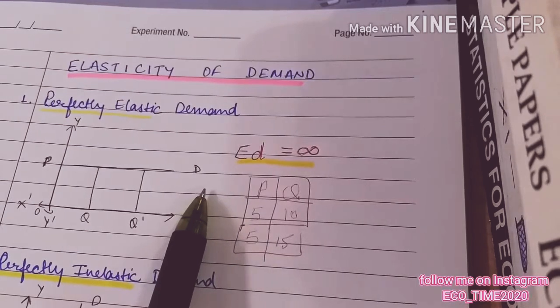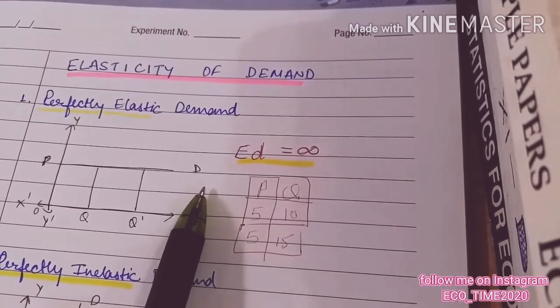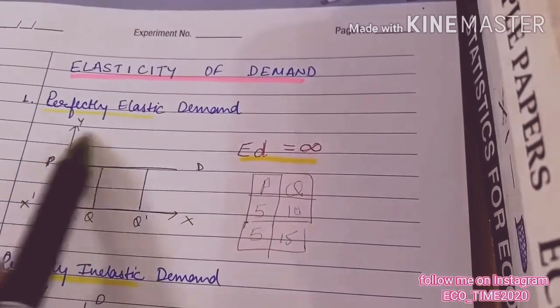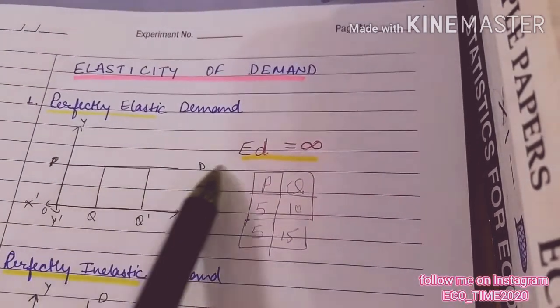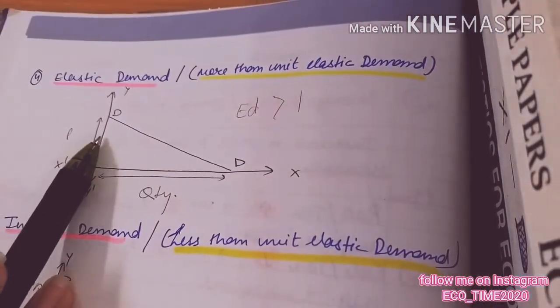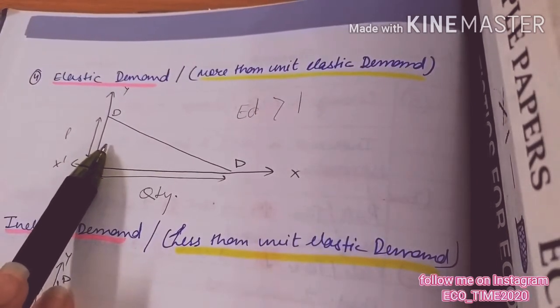So if you forget about elastic demand, or when the question comes and it says more than unit elastic demand and you don't know what to write, you just think about it. Perfectly elastic demand is completely flat. So elastic demand is not completely flat, but it is greater than unit elastic but not equal to perfectly elastic.